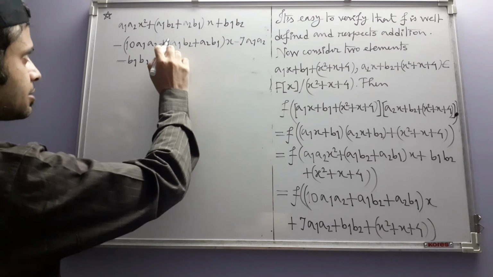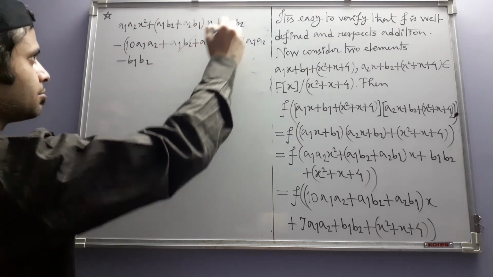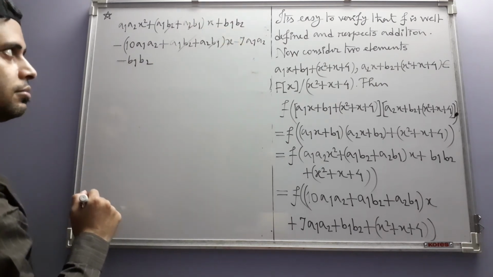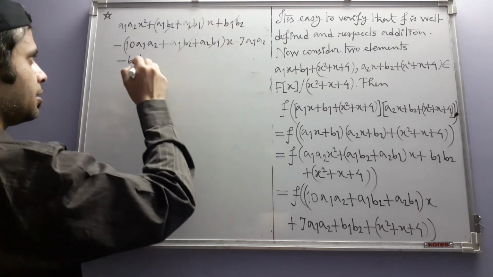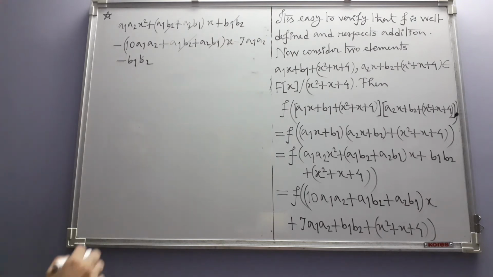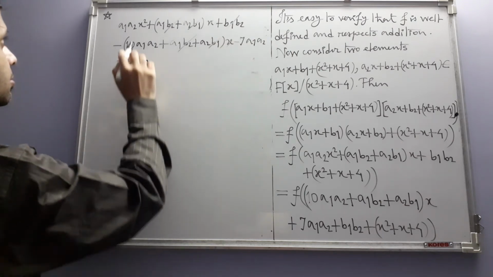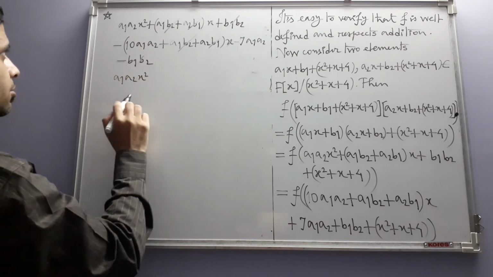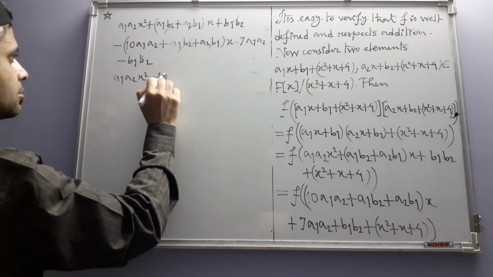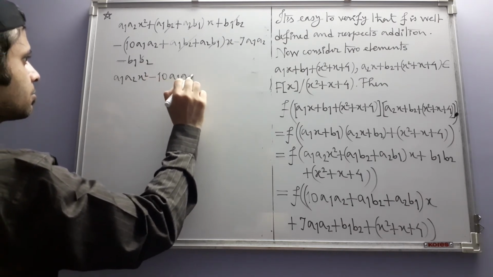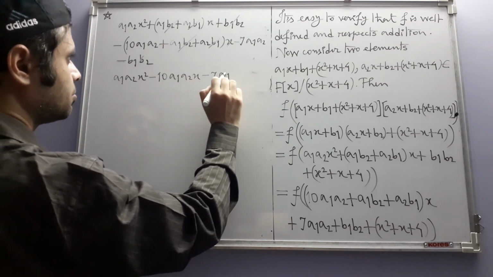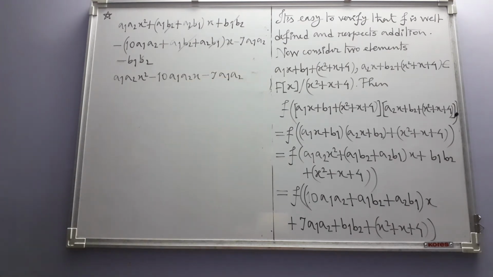Now things get cancelled. These terms cancel each other, because they are the same, and b1 b2 also they cancel each other. So we are left with a1 a2 x square minus 10 a1 a2 x minus 7 a1 a2. So we have a situation like this.